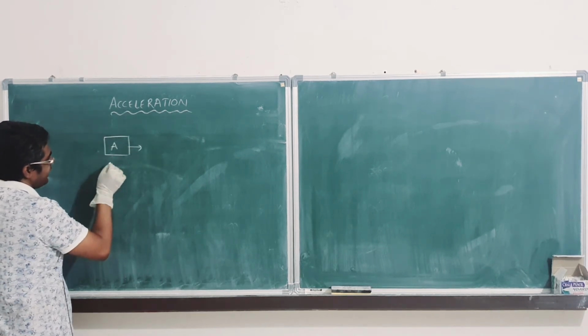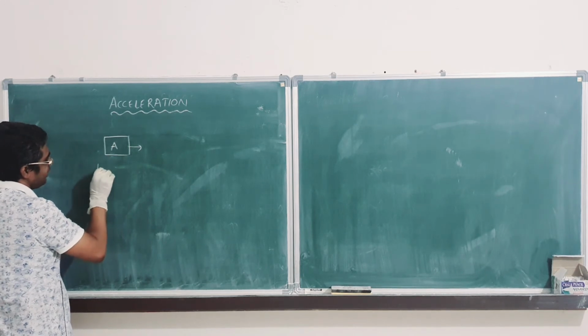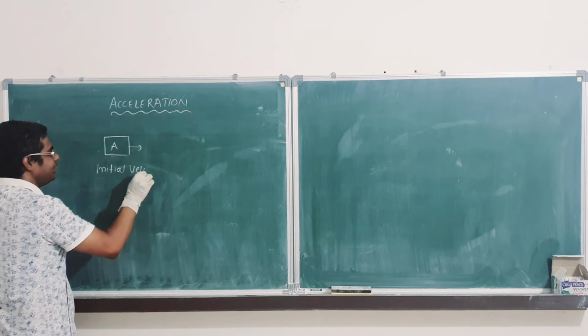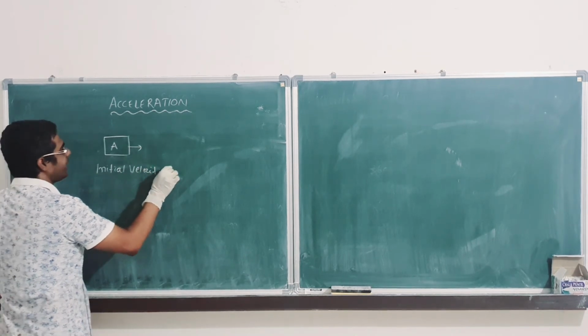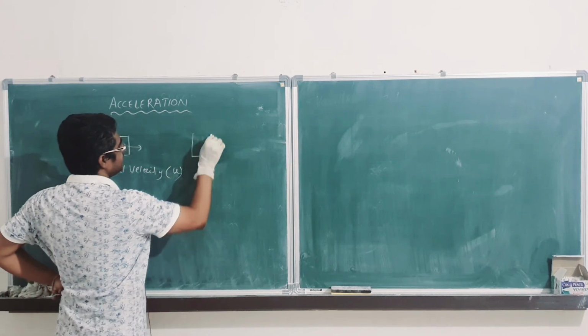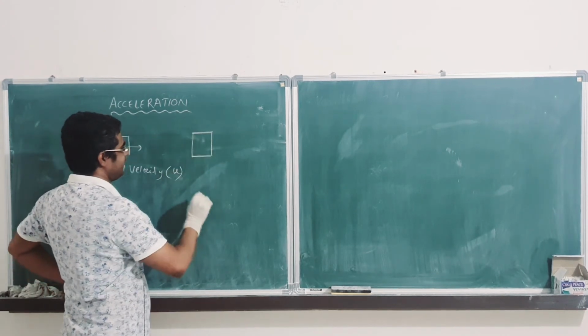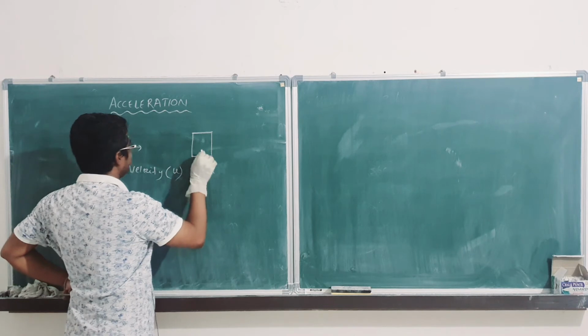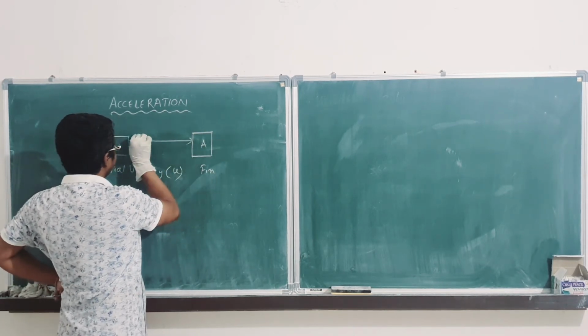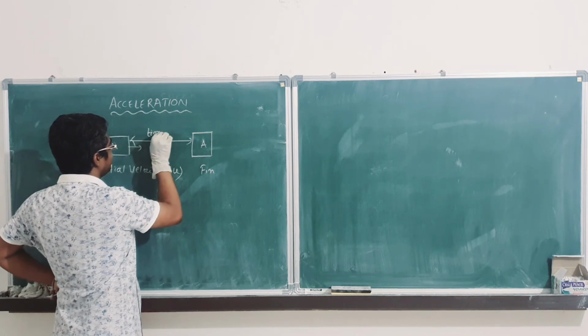So it is moving at a velocity which you will call initial velocity, which we will denote from now on as u, and it moves with a constant increasing velocity which we will call the final velocity, v. The acceleration is a. The time taken over here is t.